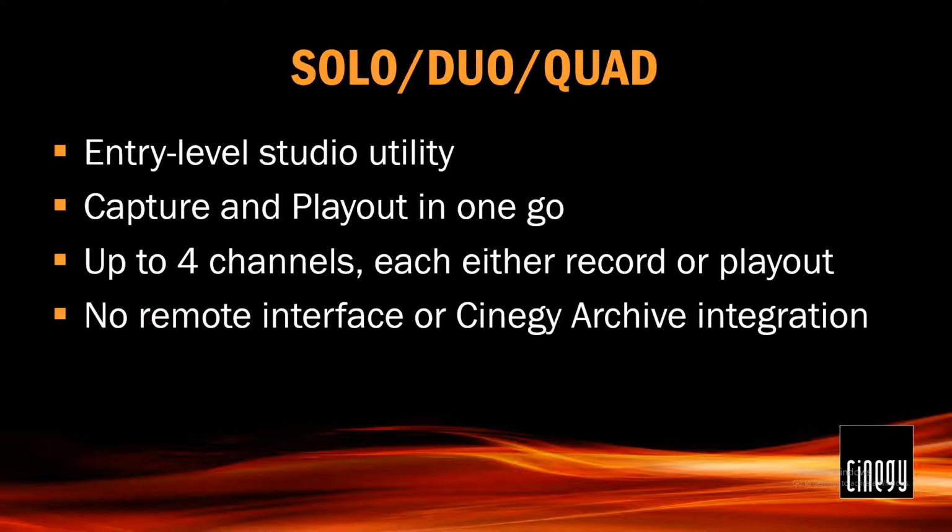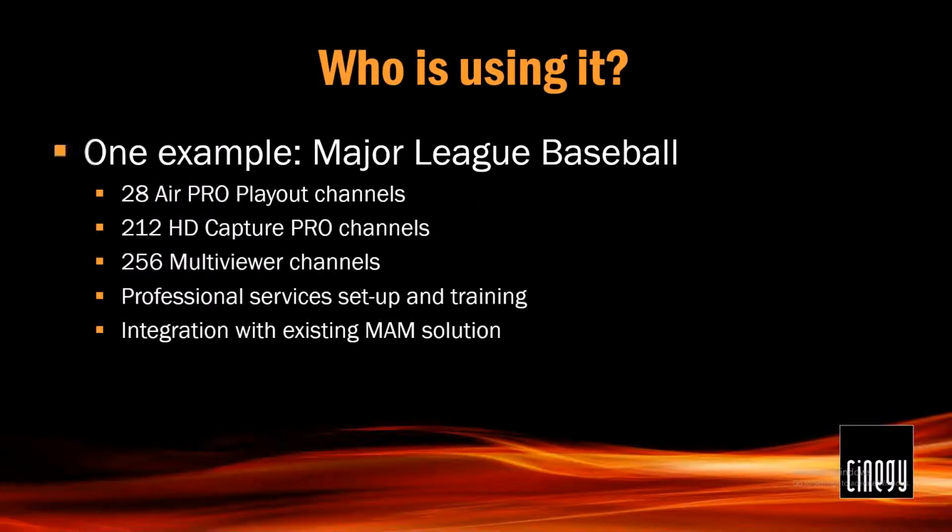Very flexible configuration. There is no remote interface and no Cinegy Archive integration in this particular configuration. It's specifically designed more as a video server than as an ingest station, but it's there, it's inexpensive, and it's a very flexible product, a Swiss Army knife for broadcast studios.